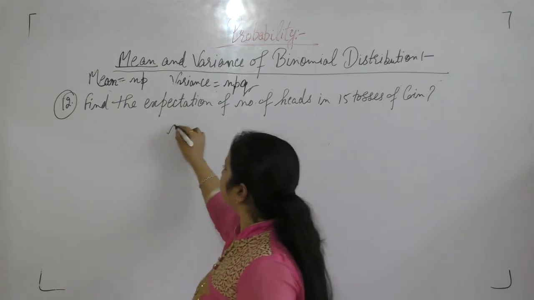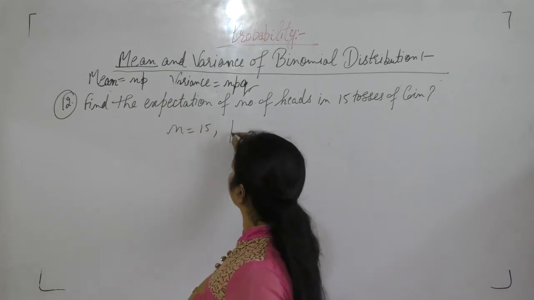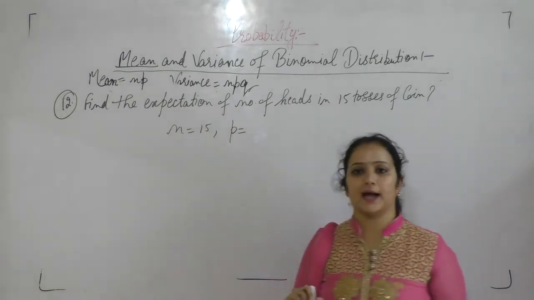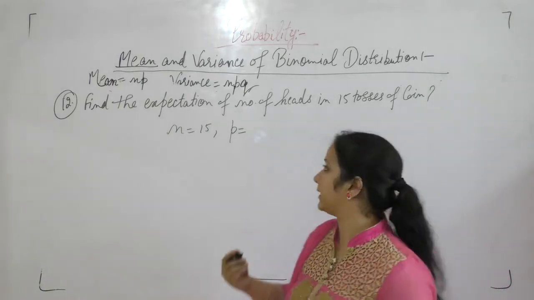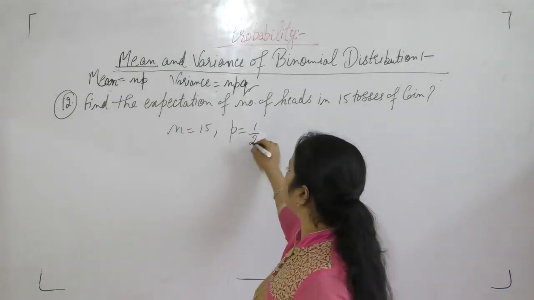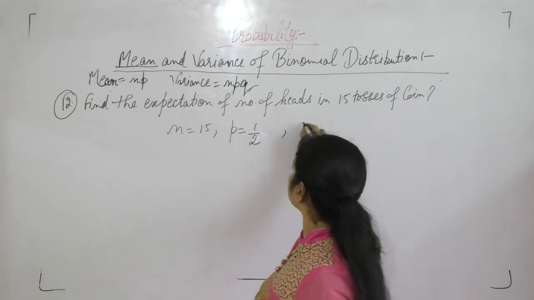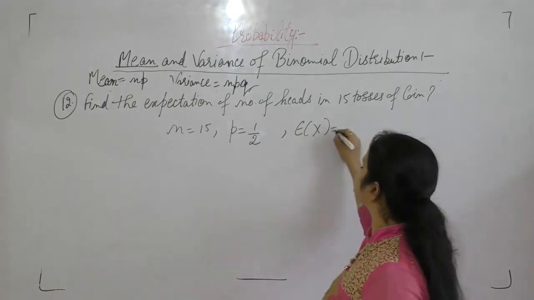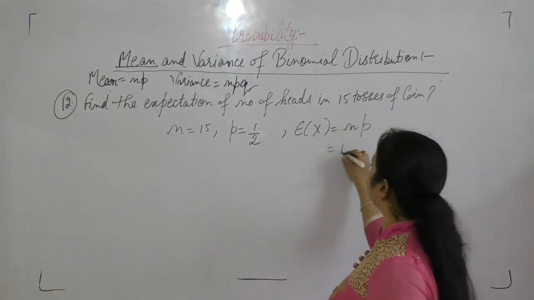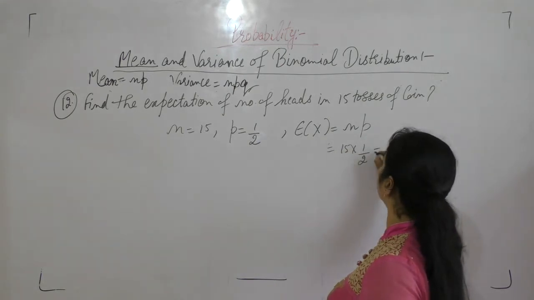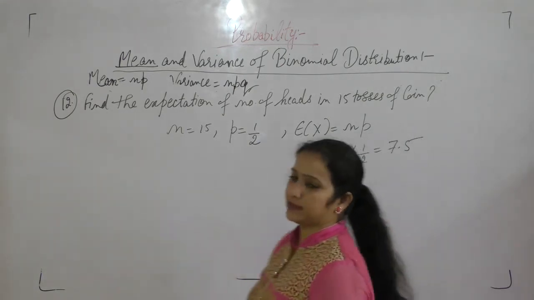So n is 15. Probability of getting a head in a single throw of coin is 1/2. Expectation of x, expectation means mean. So n into p, 15 into 1/2, that is 7.5.